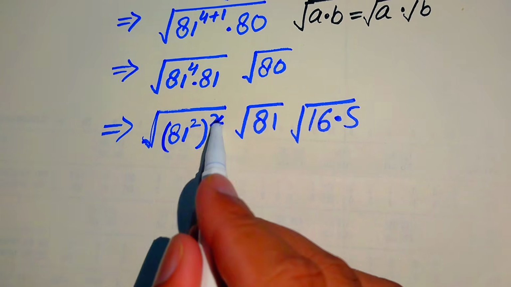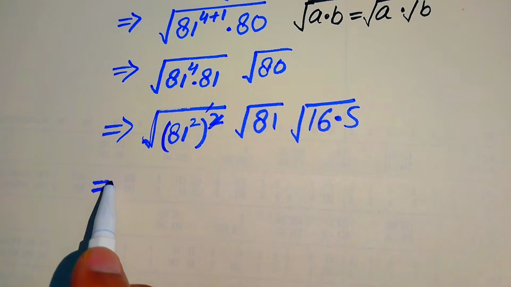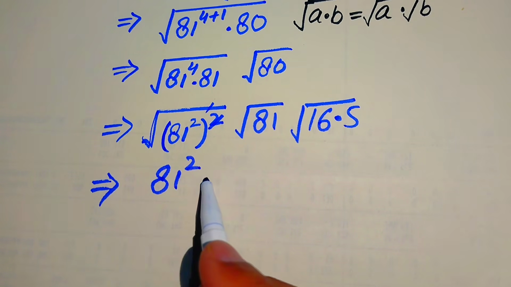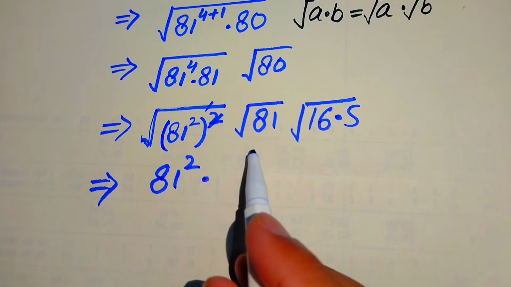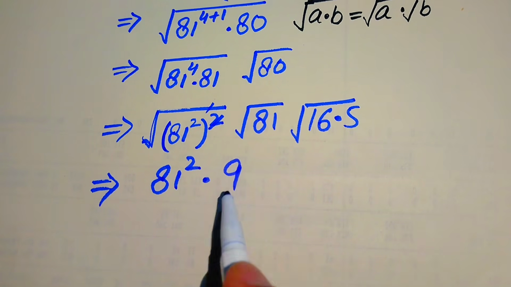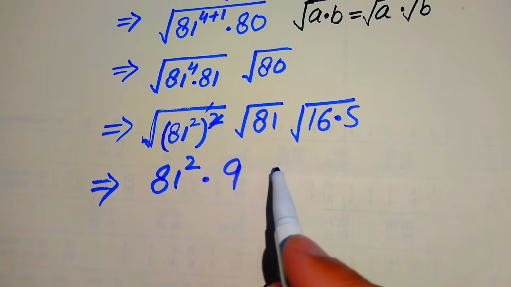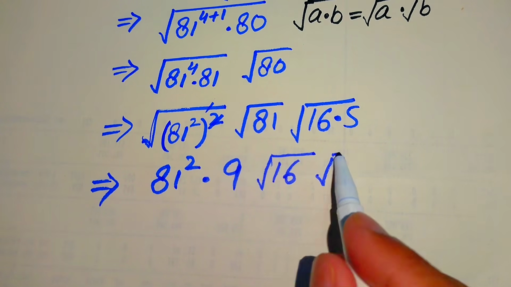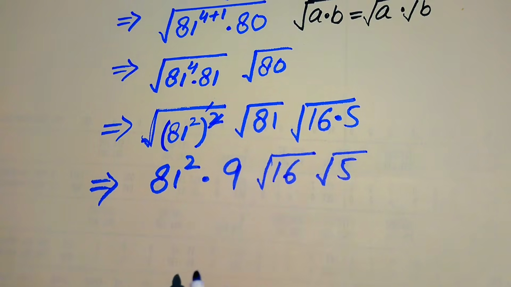Now you see that this square and this square root are gone, and we get 81 squared, and the square root of 81 becomes 9. Here we again break the square root sign and apply the square root on 16 and the square root on 5.